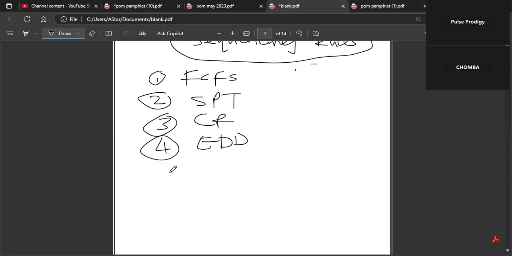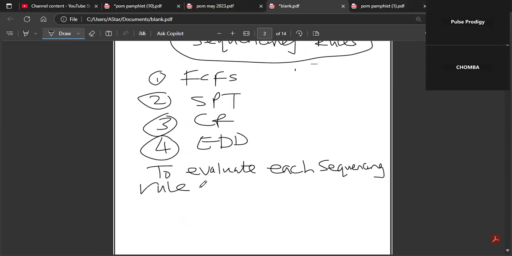Okay. Now, to evaluate each sequencing rule, we use the following.